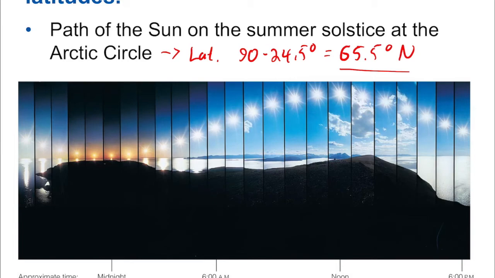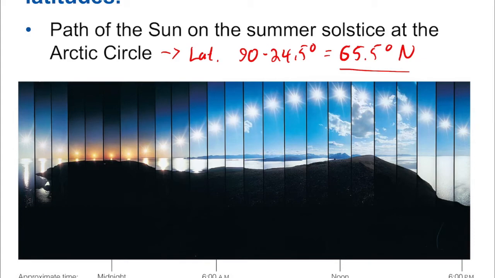How do I know that? Well, because I know that the Arctic Circle is the point where you have one day of the year where the sun never sets. You also have one day of the year where the sun never rises. As you go further north of the Arctic Circle, you get progressively more days of complete darkness and more days of midnight sun never setting.